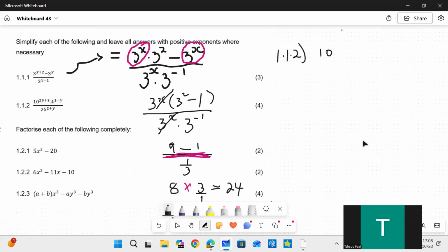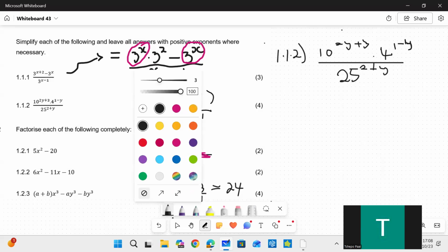You are given 10 to the exponent 2y plus 3 times 4 to the exponent 1 minus y, all over 25 to the exponent 2 plus y.